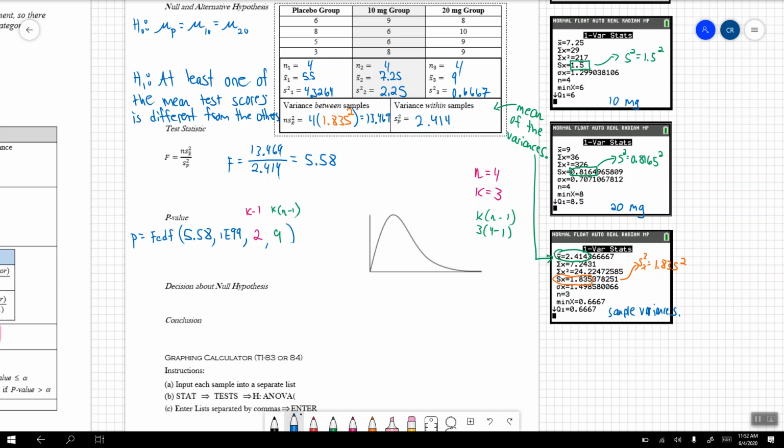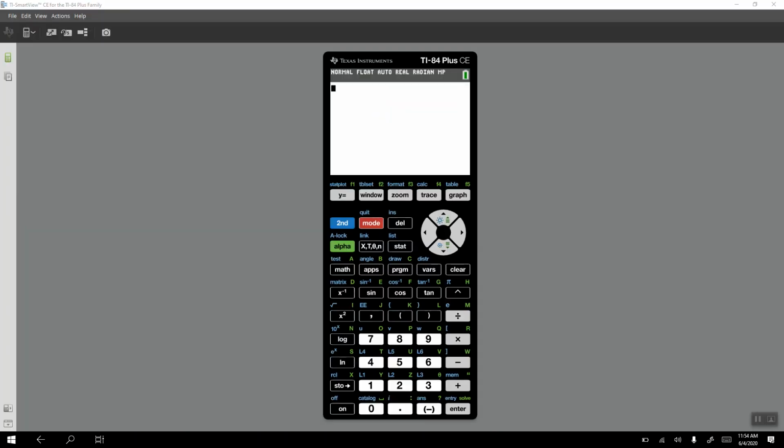Awesome. Let's go to the TI and insert this in. So I'm going to calculate that p-value. I need that distribution, so second distribution, and if you scroll down, it should be the 10th one here, or as they denoted, just 0. So that's FCDF.